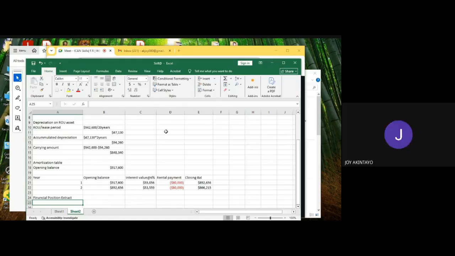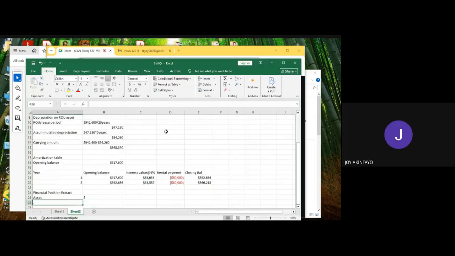So we have assets, then our amount, you can just make it like this.